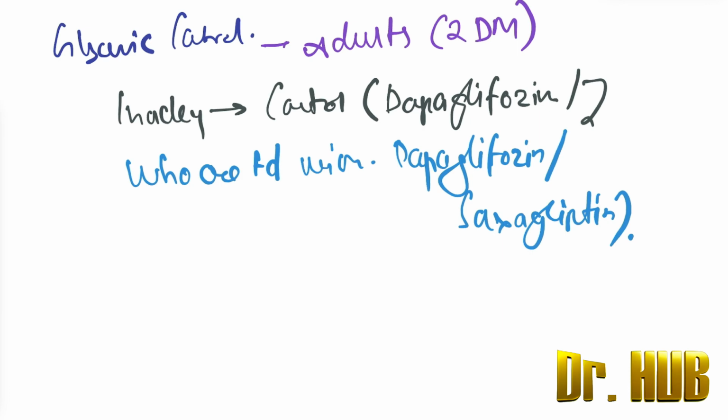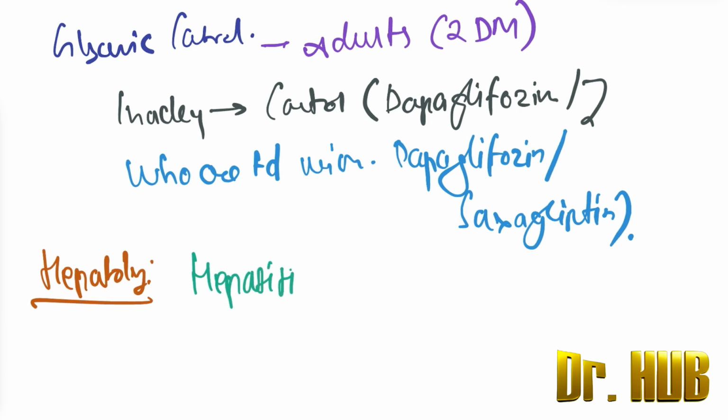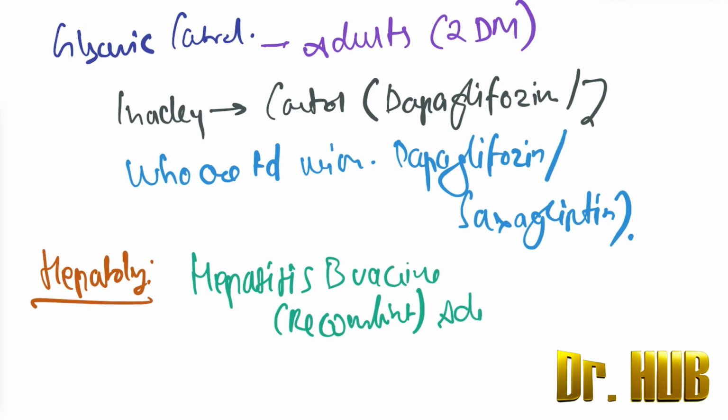Next we move on to hepatology. Under hepatology it includes hepatitis B. So the hepatitis B vaccine, we are looking at the recombinant and the adjuvant.